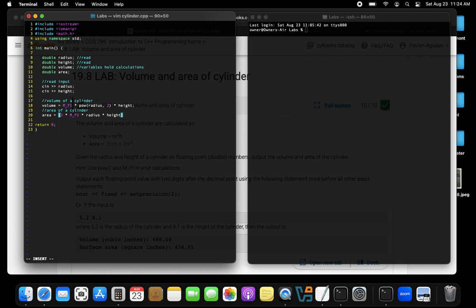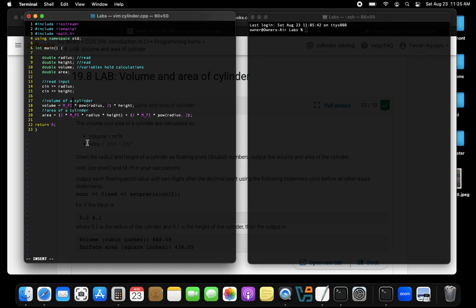Oh yeah, plus 2 pi r squared. Okay, so plus 2 parentheses 2 times pi times, now we got r squared, so power radius squared. Alright, let's make sure that looks right.